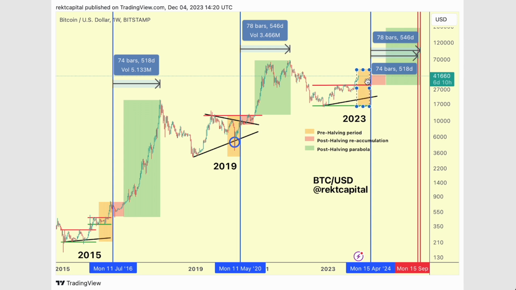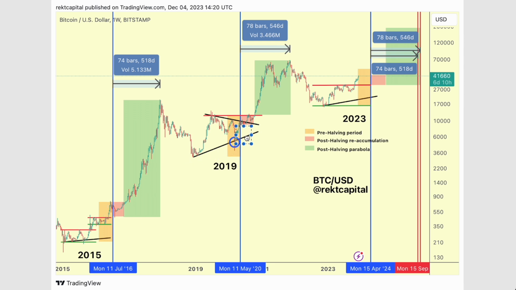So we'll probably see a pre-halving rally closer to the halving, 2 months before the halving event. Could we see some sort of pulling back? Even in 2016, we saw some pulling back, which was 25% to the downside within this re-accumulation range before we broke out.